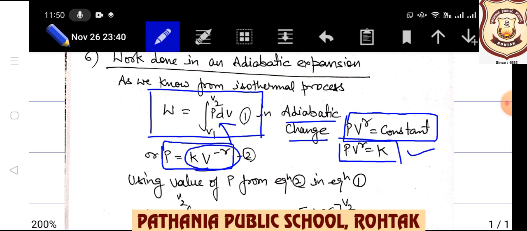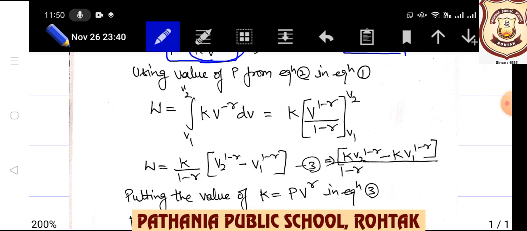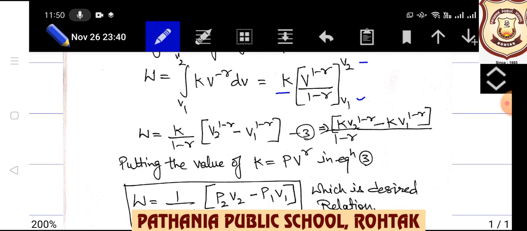Also, the condition for adiabatic change which we discussed in the previous video is that PV raised to power gamma remains constant. We can also write this equation in other forms. So PV raised to power gamma is equal to K. From this equation the value of P is K V raised to power minus gamma.